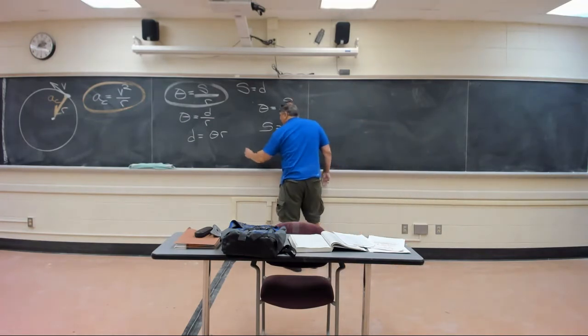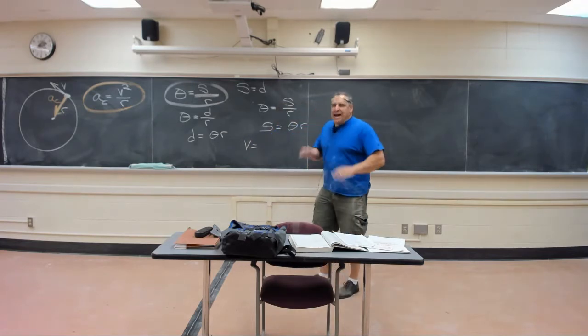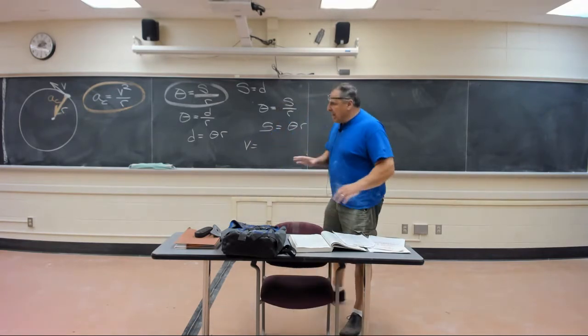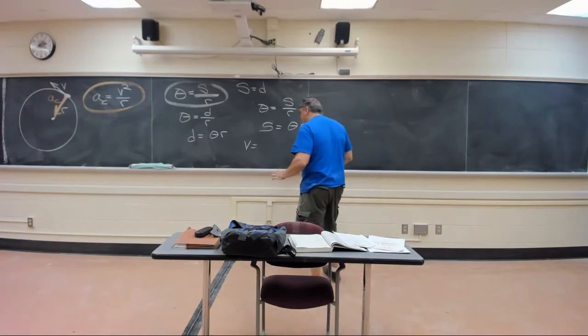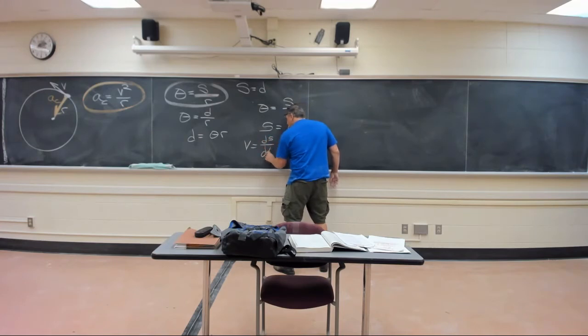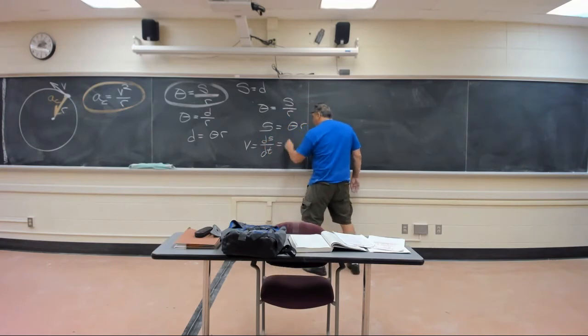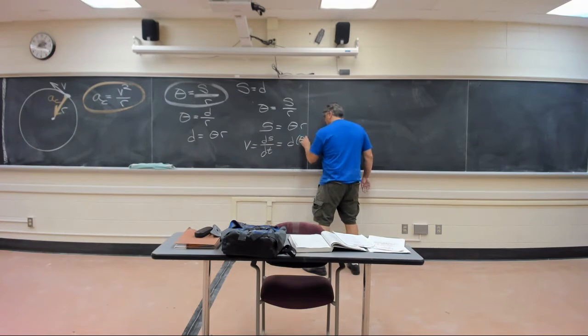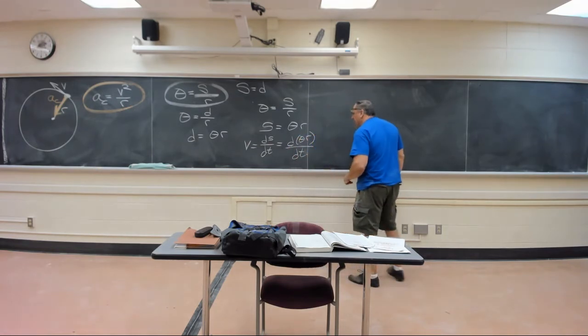If it's going in a circular path, let's talk about magnitude now. Let's not worry about a vector, but it is a vector. Don't ever forget that. But let's just talk about magnitude for a second. V would be ds/dt, which would be d(theta R)/dt.